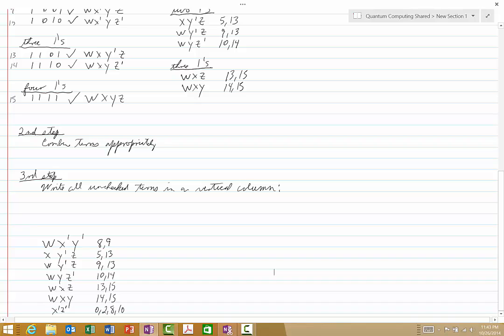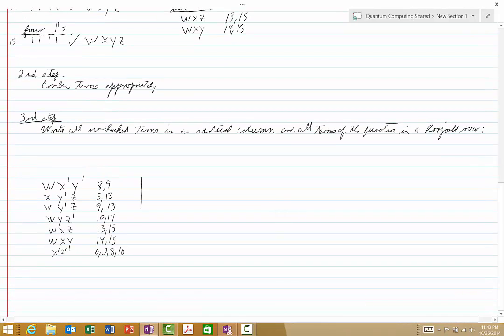Okay. So we've written all the unchecked terms in a vertical column, and now let me add one more part to the third step: all terms of the function in a horizontal row. Okay, now what that means is the following.